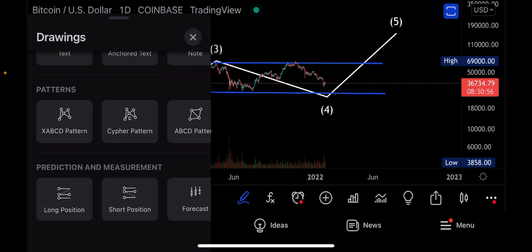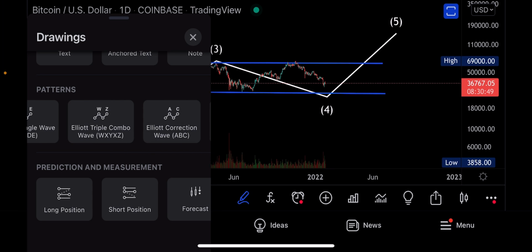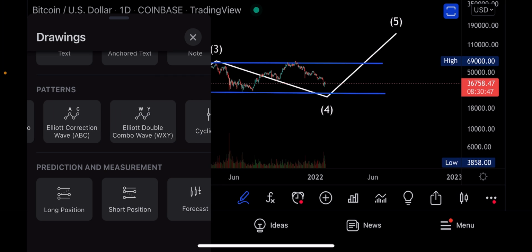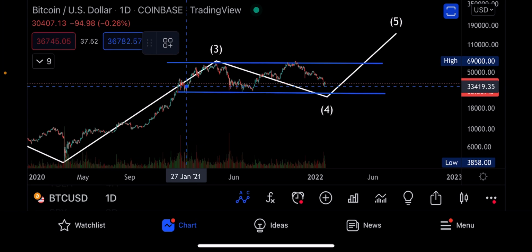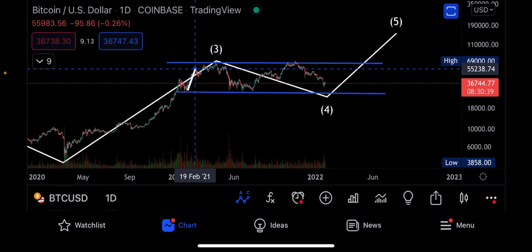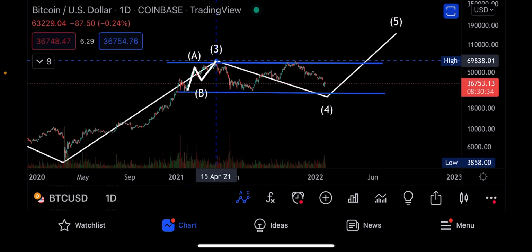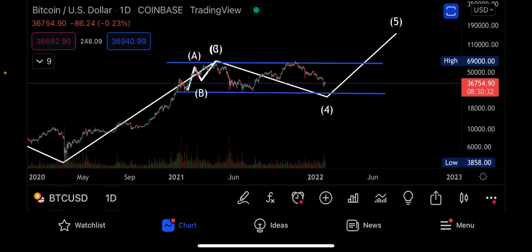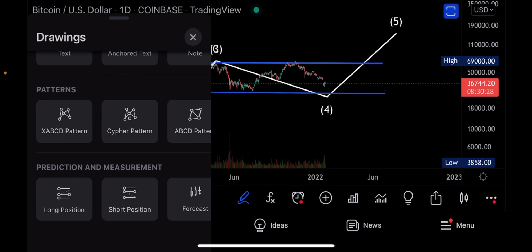So what I want to show you is a 3, 3, 5, which I'm going to have to use ABCs as my 1, 2, 3s. Okay, so what we have is one big move up, pull down, and then your third leg up, right? Then, same deal.